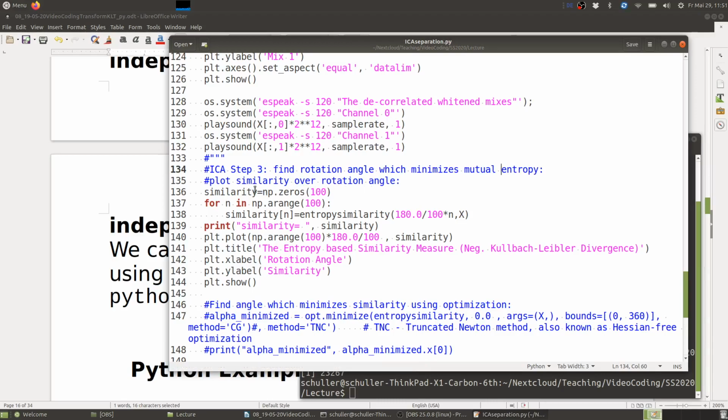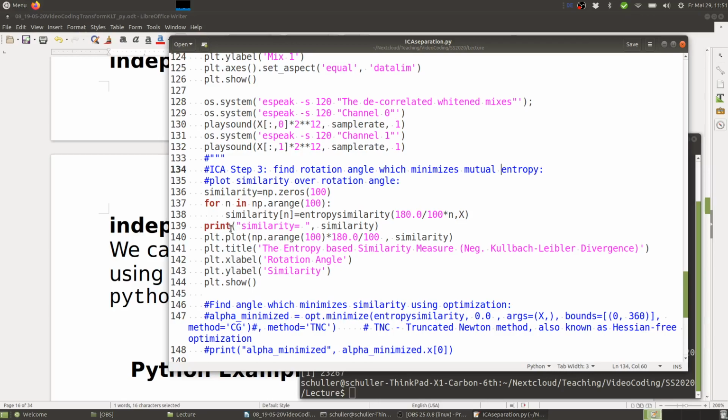Yeah, so first we simply plot this similarity value, this entropy similarity, for different angles. So I am taking 100 angle steps. I divide the angle value range from 0 to 180 into 100 steps and plot the resulting similarity value. Right, and we want to take the one where we have the least similarity.